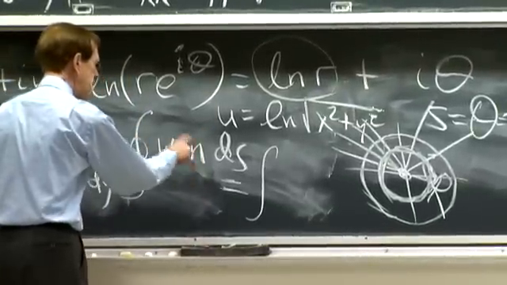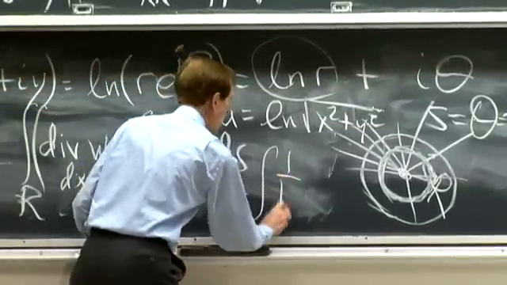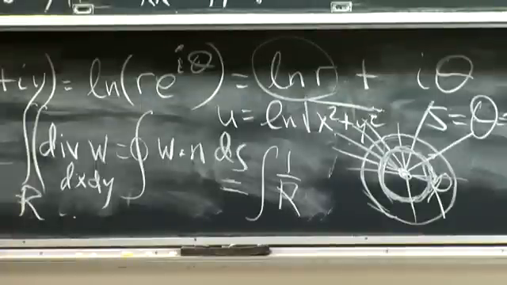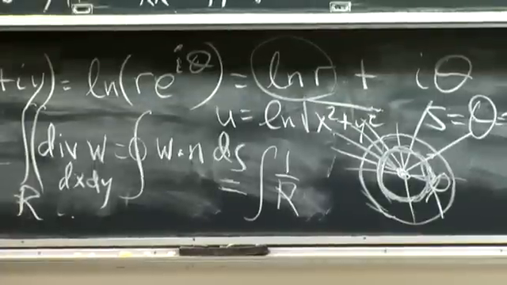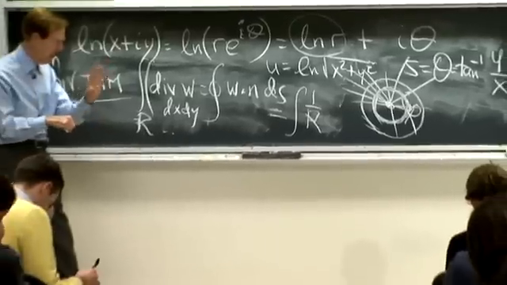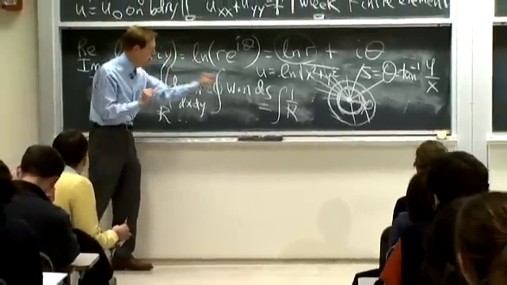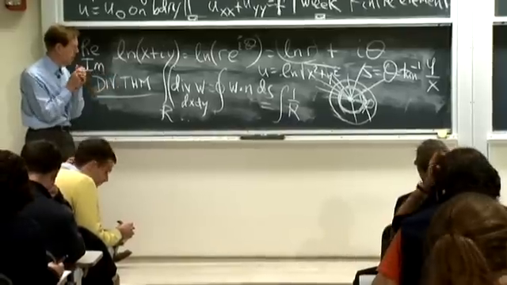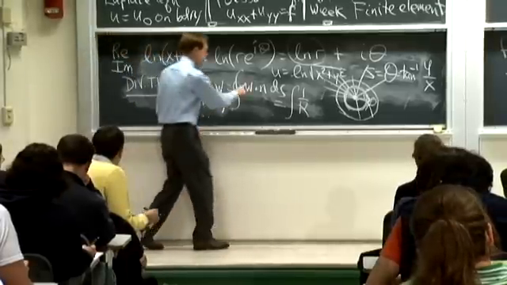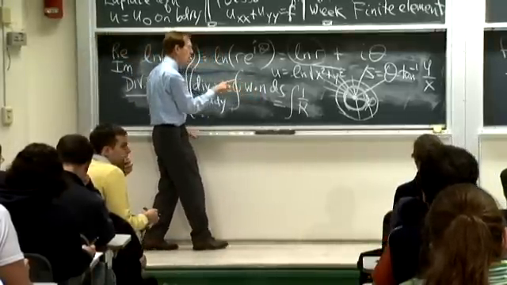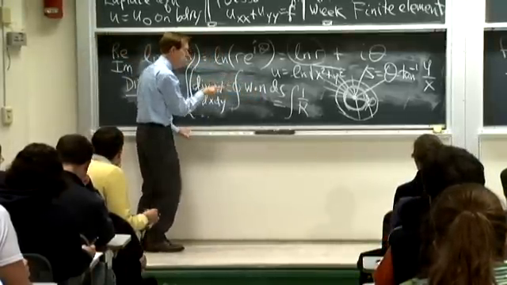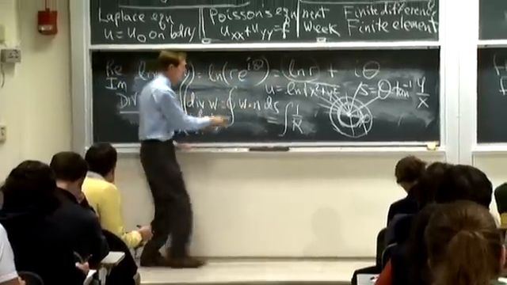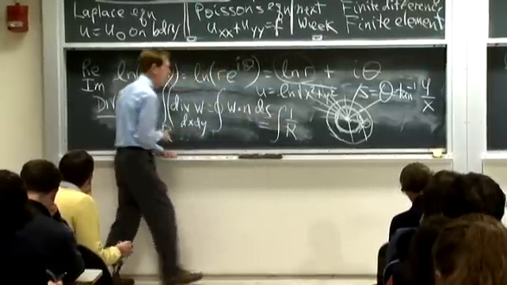I think that this thing is 1 over r, right? I went pretty quickly there, so I'll ask you to look in the book, because this is such an important example. It's done there in more detail. So I'm claiming that the derivative is 1 over r and that it points directly out. So the gradient points out, the normal points out, so that I just get exactly 1 over r.